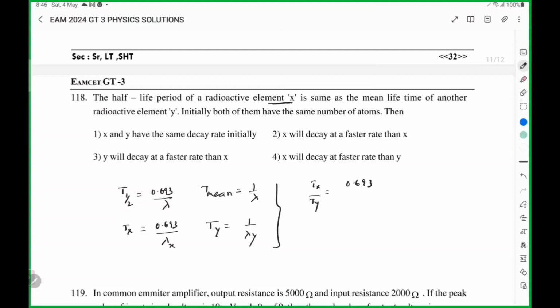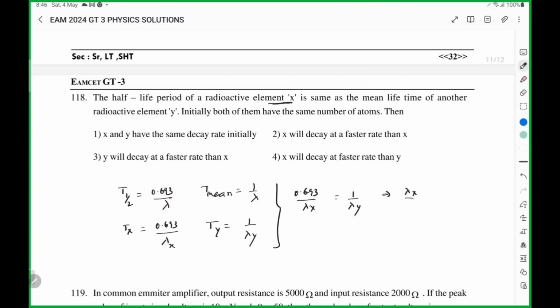So 0.693 by lambda x equals 1 by lambda y.